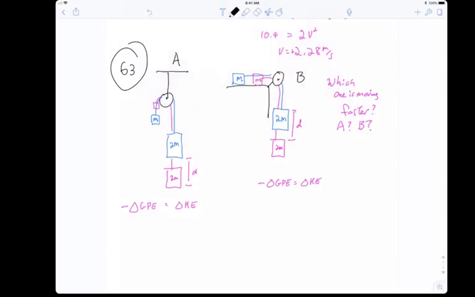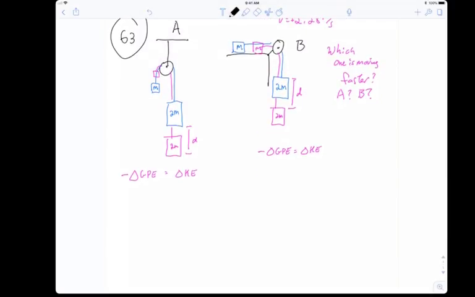Oh, I love this question. Maybe I should poach questions for the final out of the book. It just gets right to the heart of it. The deal here, though, is that there's 2 elements to this gravitational potential energy. There's the change in GPE of the first mass, and there's the change in the GPE of the second mass.